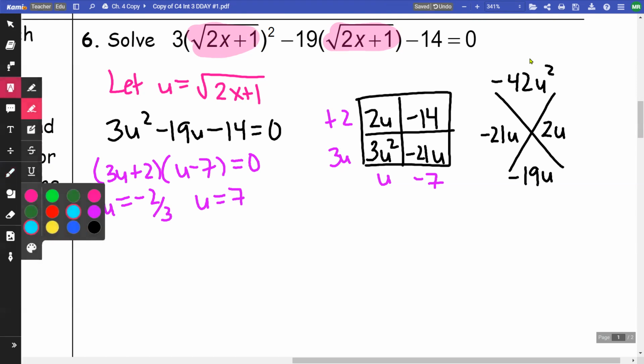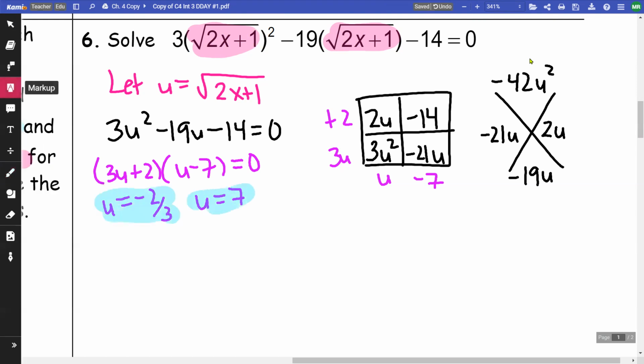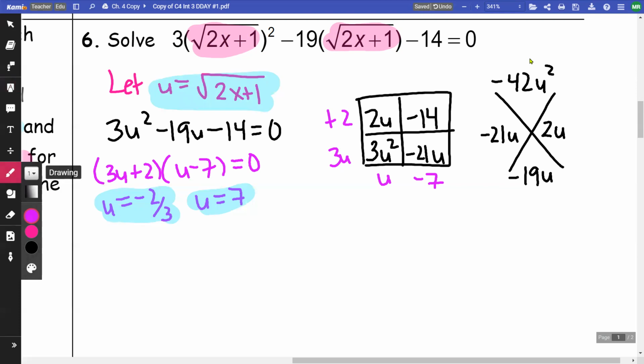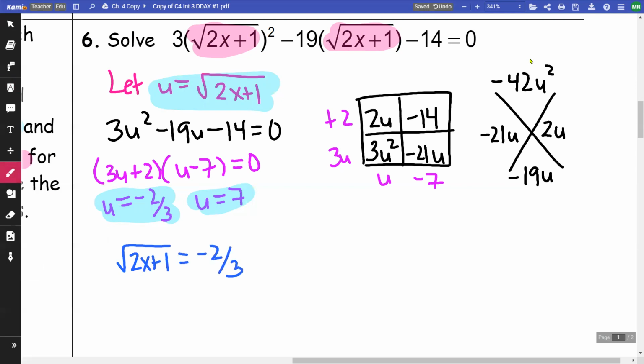So now I need to take these answers and I need to set it equal to this. So I am going to have square root of 2x plus 1 equals a negative 2/3, and a square root can't equal a negative.